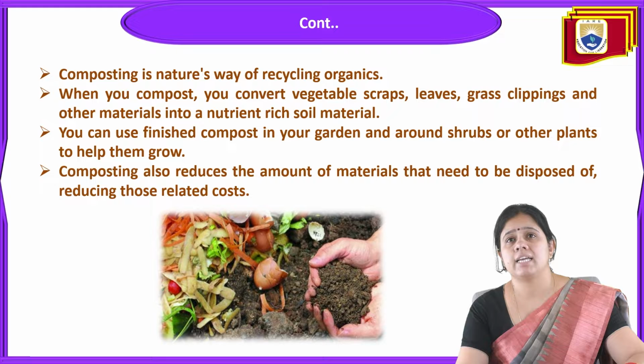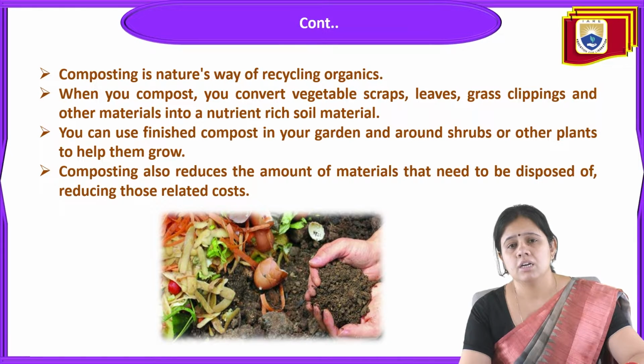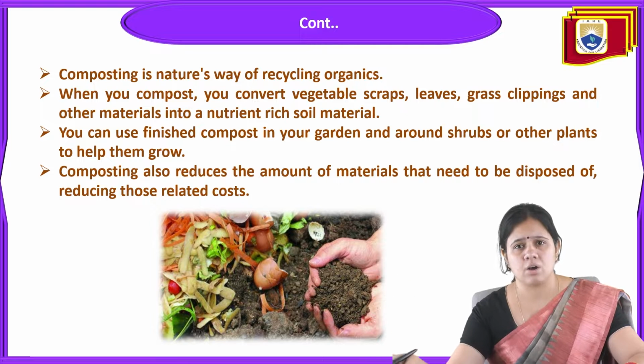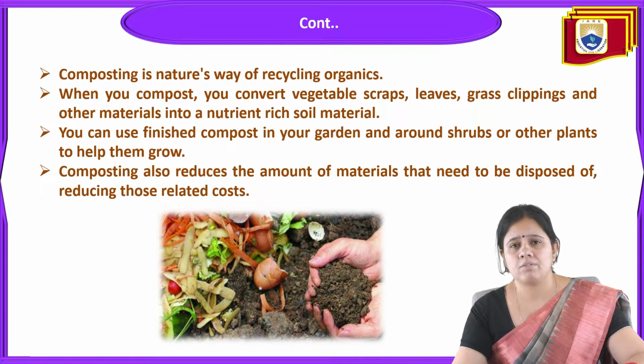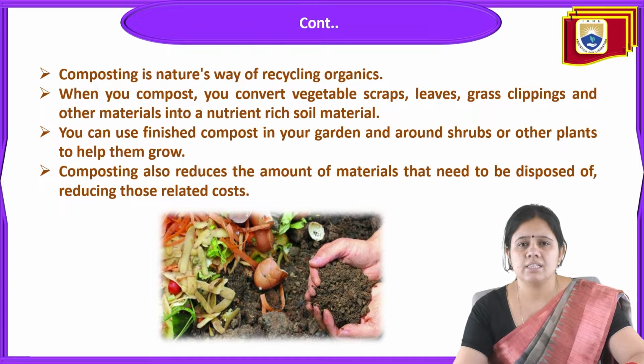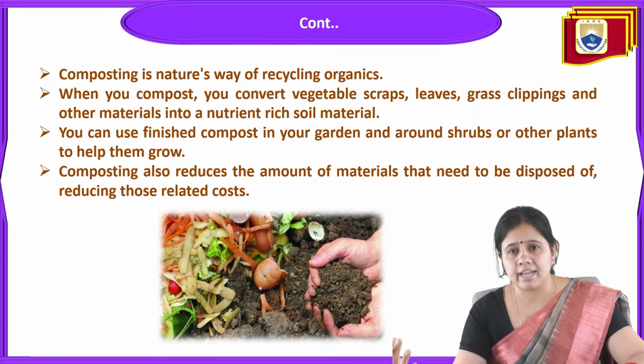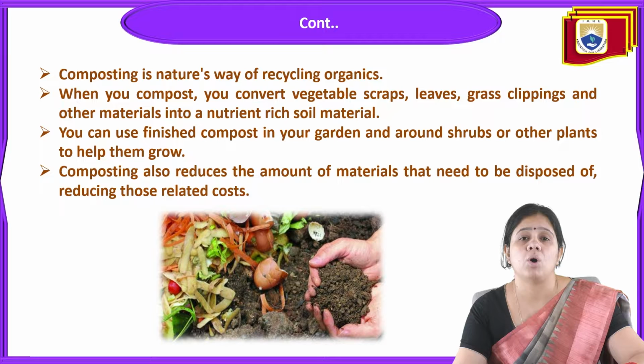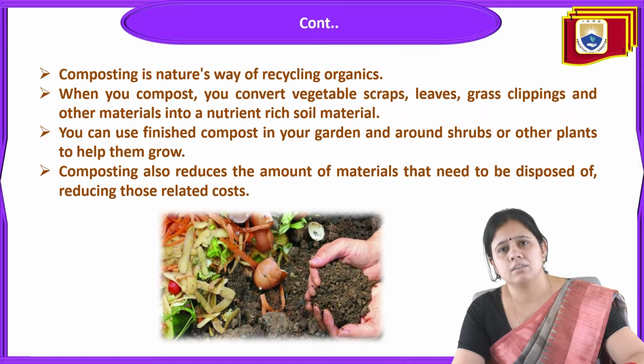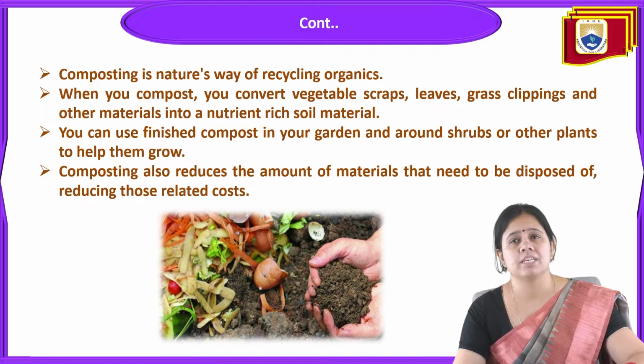Now comes the next point. We call it nature's way of recycling organics, because if leaves fall from the tree to the ground, after some time they will degrade and mix with the soil. So we can say that composting is a natural method of recycling organics, bringing nutrients back again.